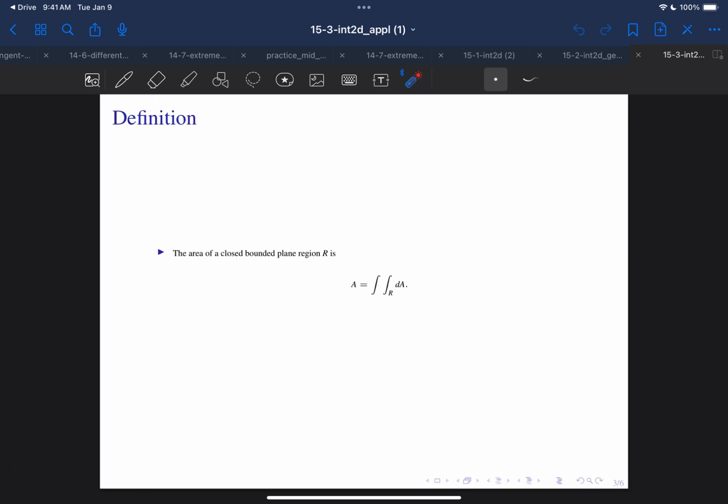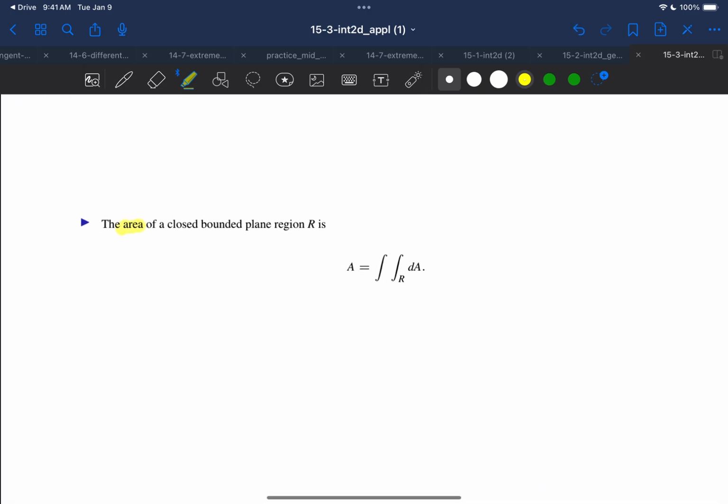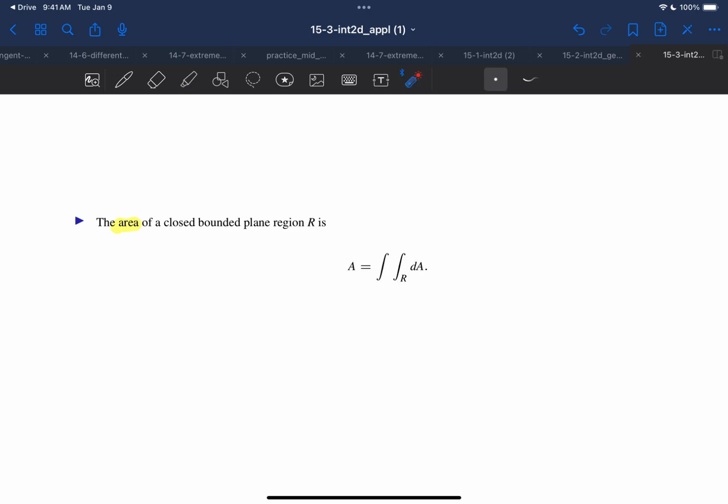So we look at the definition of area. The area of a closed bounded plane region R is given by A equals the double integral over R of dA.